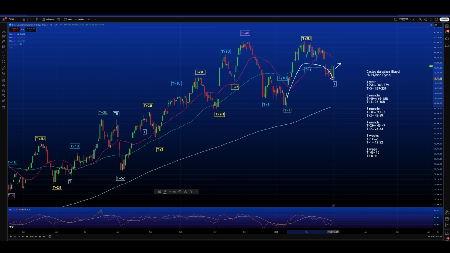Even this low is higher compared to the low that we have on the Standard & Poor's. If you compare the delta of the price between this low and this low compared to the Standard & Poor's, here we have definitely a lot of strength, and this T+3 has completed the first T+2.